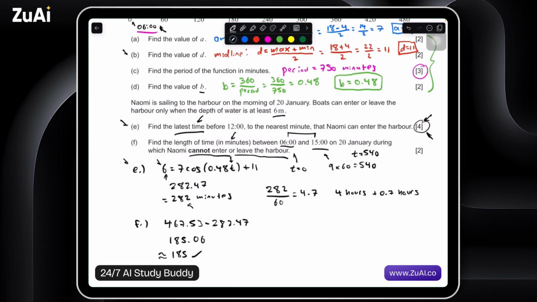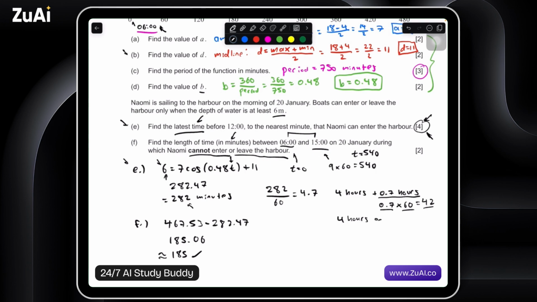And how many total hours after 6 in the morning is this? 0.7 hours. 4 hours can stay as it is, but 0.7 hours in minutes we would need to multiply by 60, for example. And so 0.7 times 60 would give us 42. So what do we have? We have 4 hours, and then 0.7 hours, or 7/10 of an hour. 0.7 times 60, 60 minutes in an hour gives us 42 minutes.